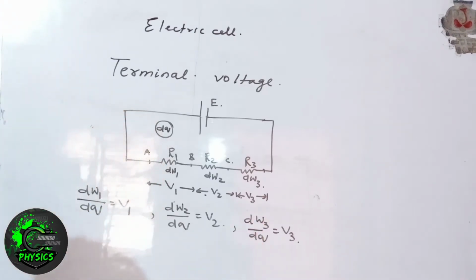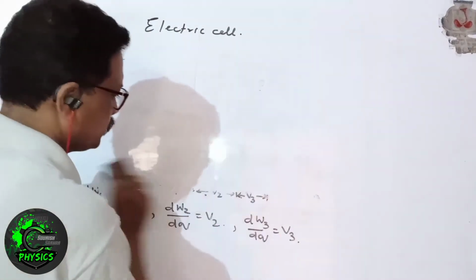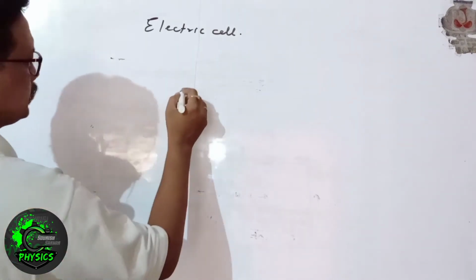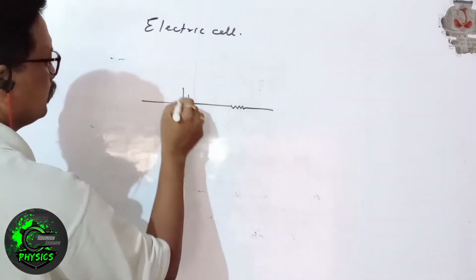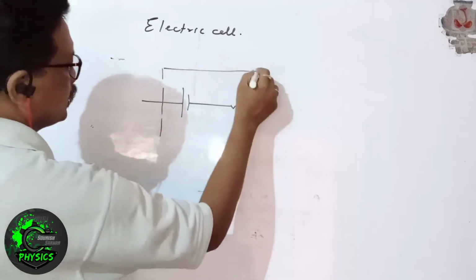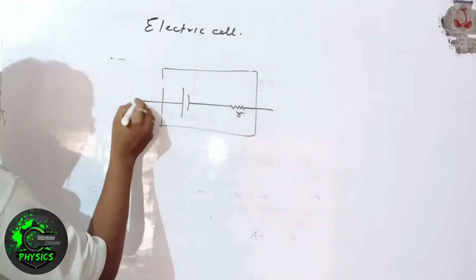Now let us understand what the internal resistance of the cell is. What is the meaning of internal resistance of the cell, and what are the different factors on which the internal resistance of a cell depends? Let us consider this is a cell which has an internal resistance r.